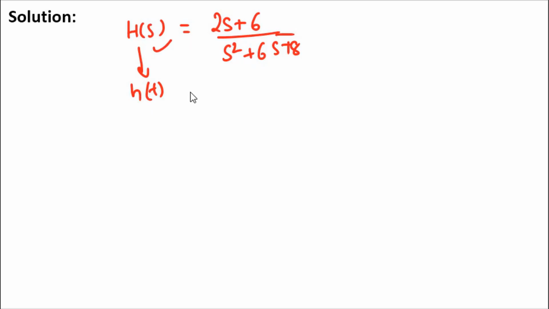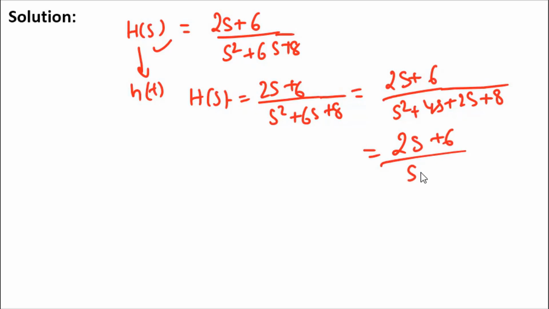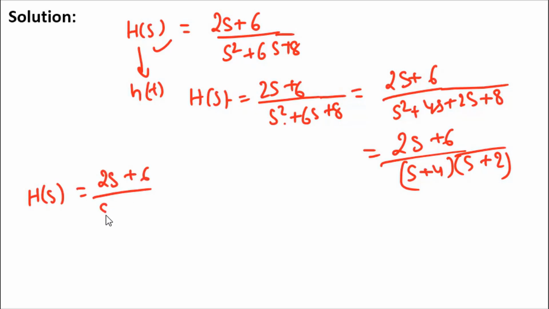You can write the denominator as s² + 4s + 2s + 8, which factors as (s + 4)(s + 2). So H(s) is given as (2s + 6)/((s + 4)(s + 2)).